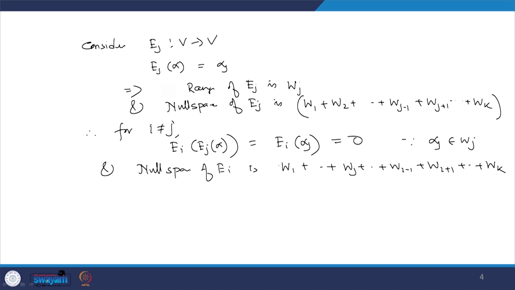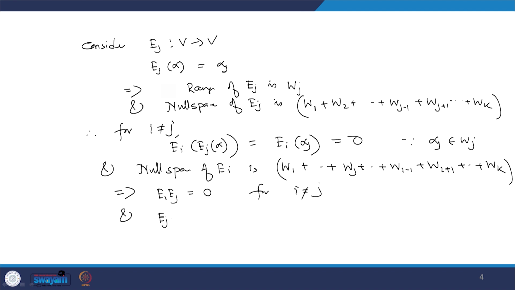So, this implies Ei into Ej equal to 0 for i not equal to j.